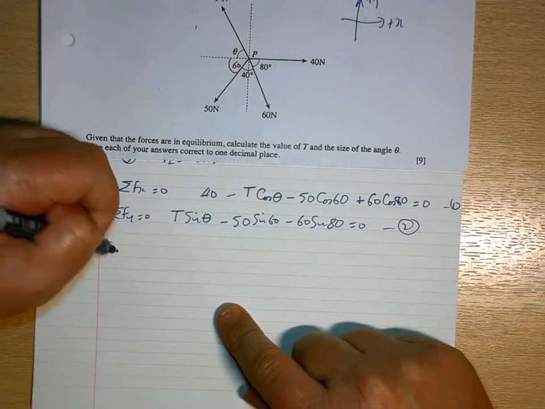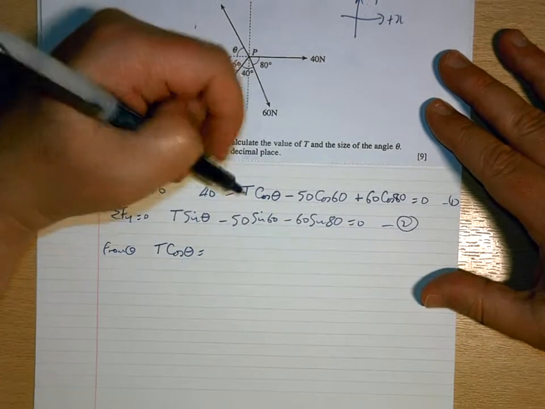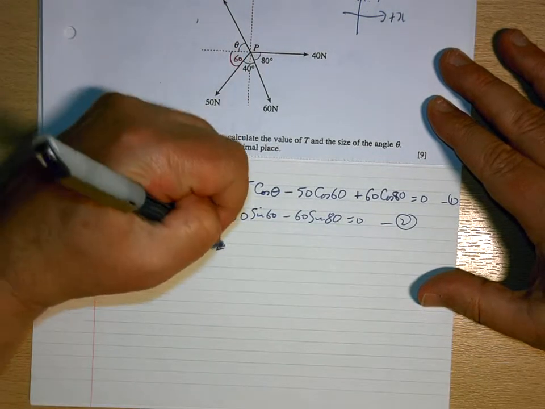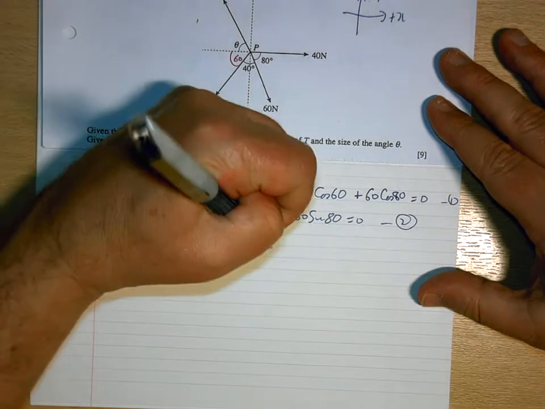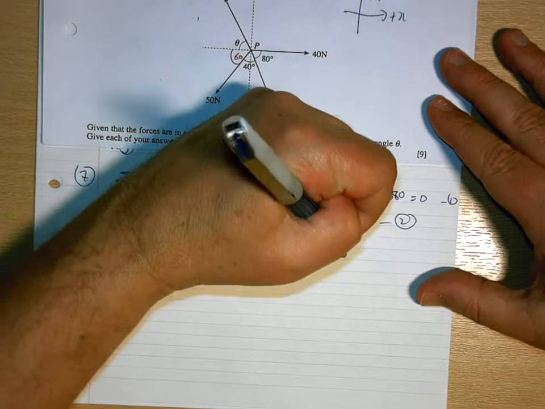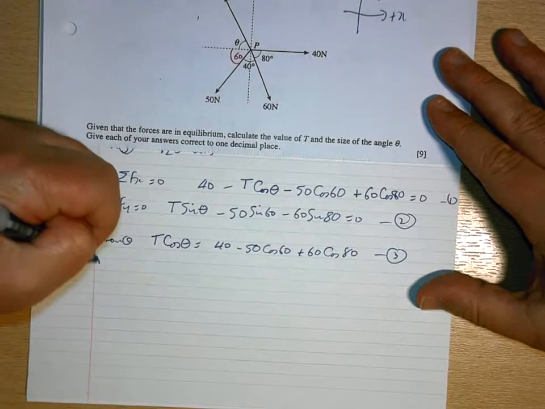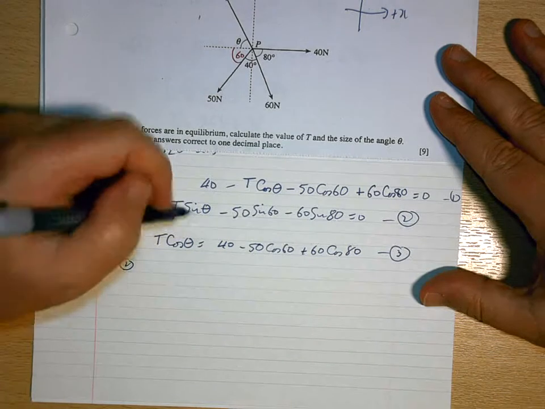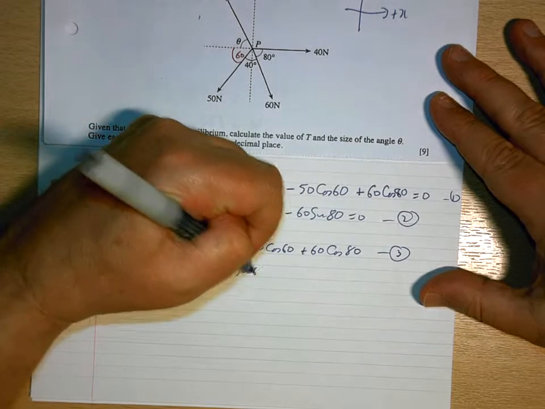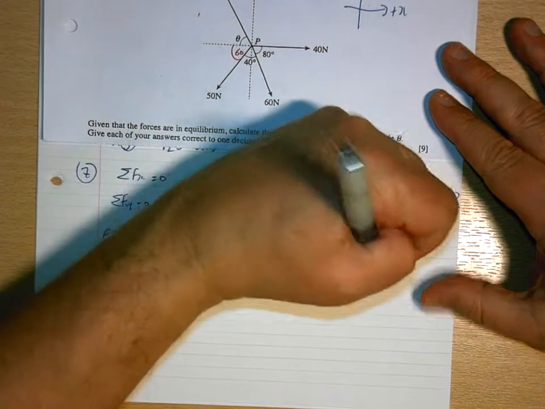So from 1, t cos theta will equal, so I'm just taking that the other side to make it positive, 40 minus 50 cos 60 plus 60 cos 80. Call that equation 3. From 2, t sine theta will be 50 sine 60 plus 60 sine 80.